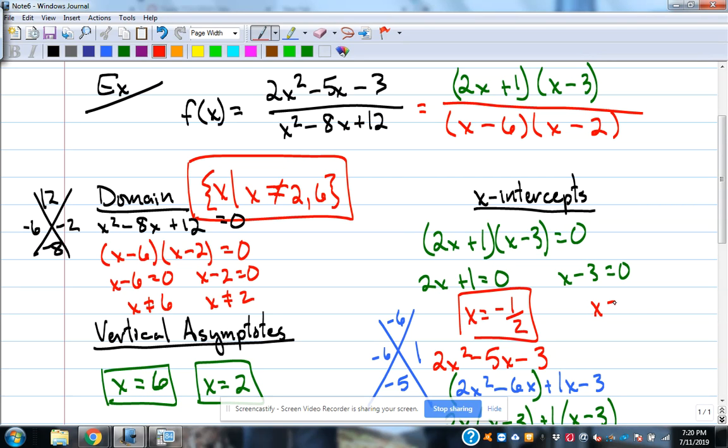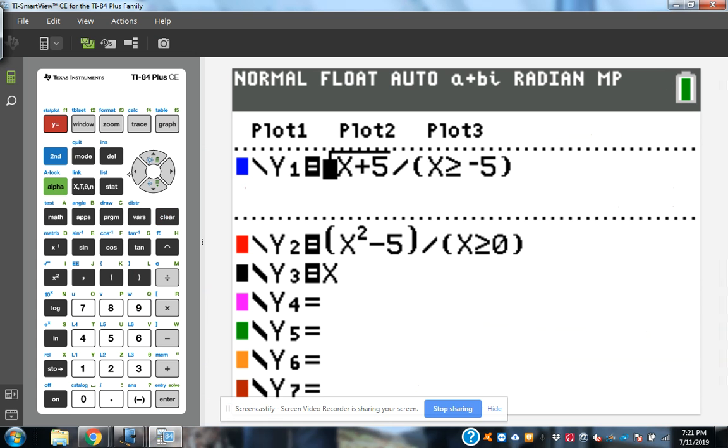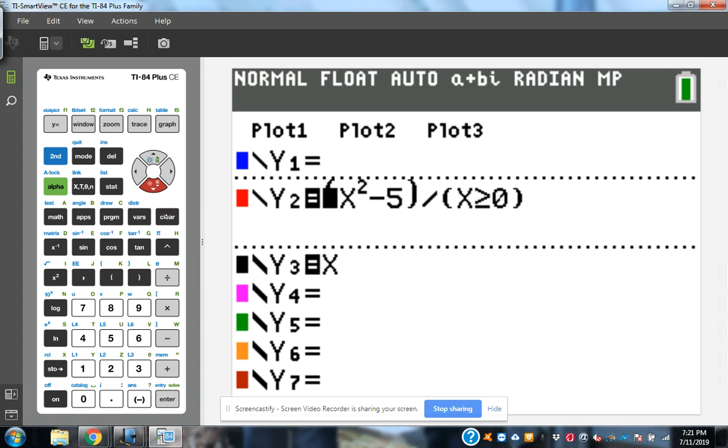Add the 3, so that's x equals 3. So we get x-intercepts at -1/2, 0, and 3, 0 for the numerator or the actual rational function. If we looked at the graph of this rational function, clear out this other stuff.